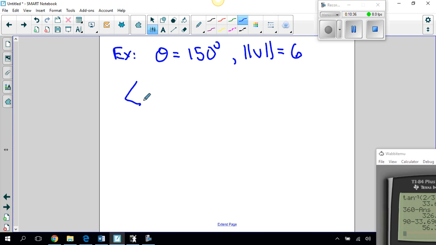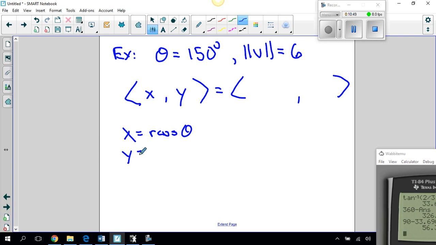You give me the vector. Well, guess what? X is r cosine theta. Y is r sine theta, since the beginning of the semester. So remember, r is the magnitude, so it's just 6 cosine 150, 6 sine 150.